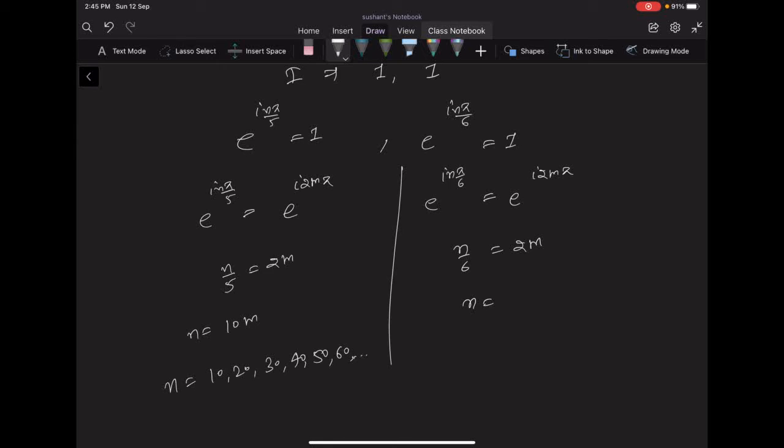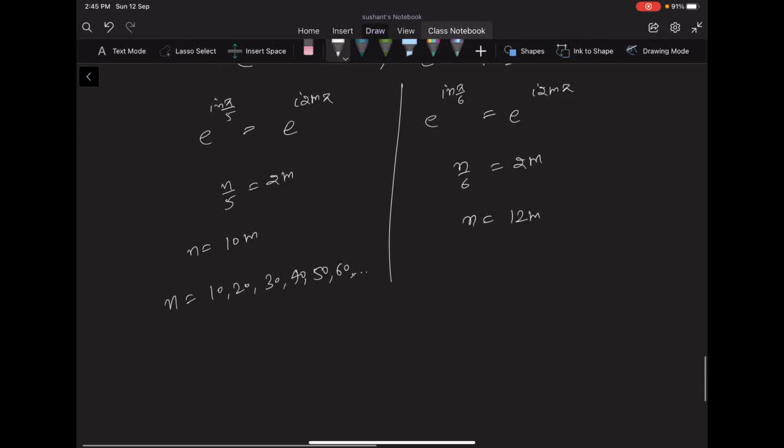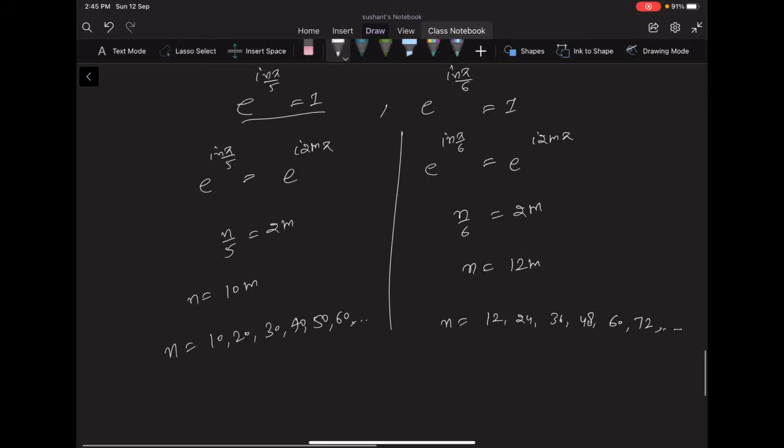N is in the form of 12m, where m is an integer. So n can take values 12, 24, 36, 48, 60, 72, etc. So the smallest value of n for which these two conditions are satisfied is 60. So n equals 60 is the correct answer.